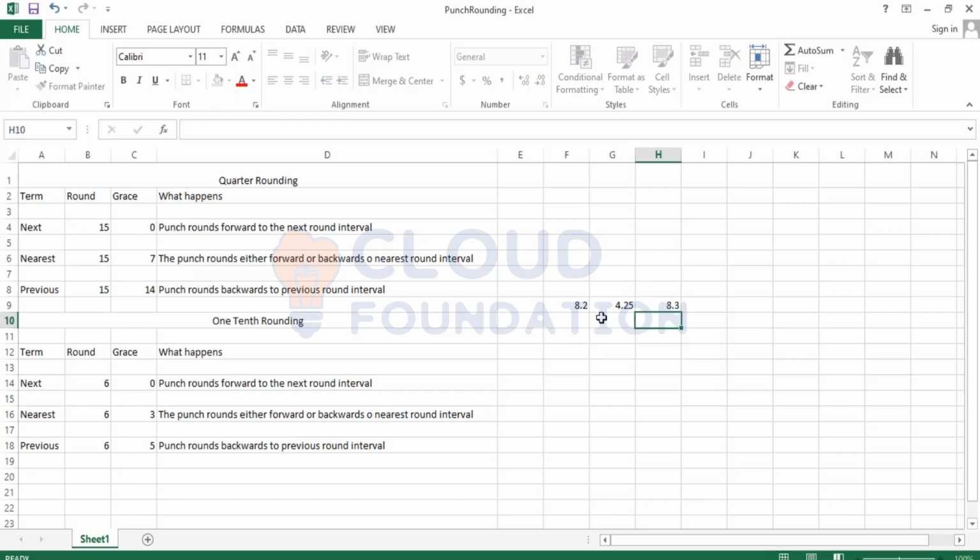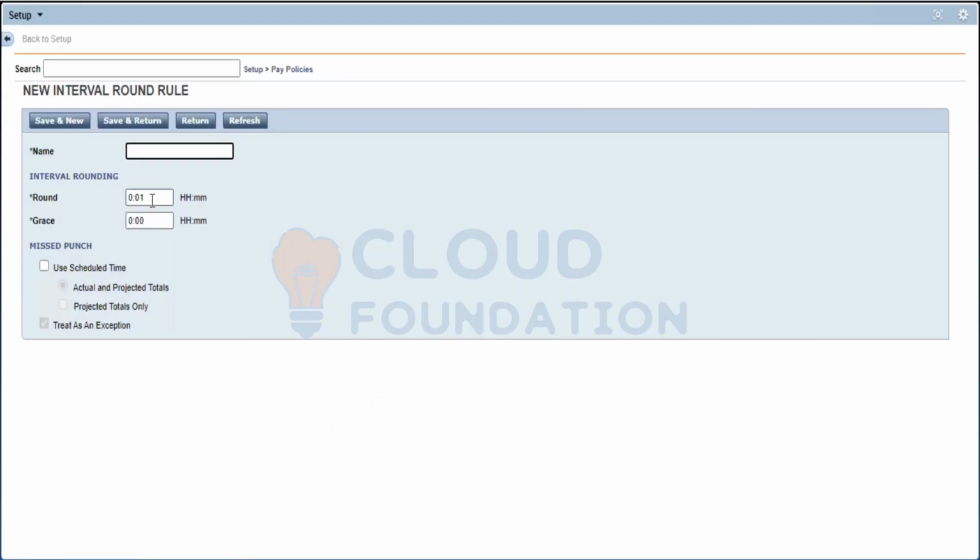So what this interval rounding does is it's just going to round this shift alone. So it's just going to round one particular thing. I can tell it the same way. If I'm going to use the 1/4 hour rounding, I'm going to use previous because I just want the punch to go forward. I want the employee to lose his time. So my round is going to be 15 and my grace is going to be 7.